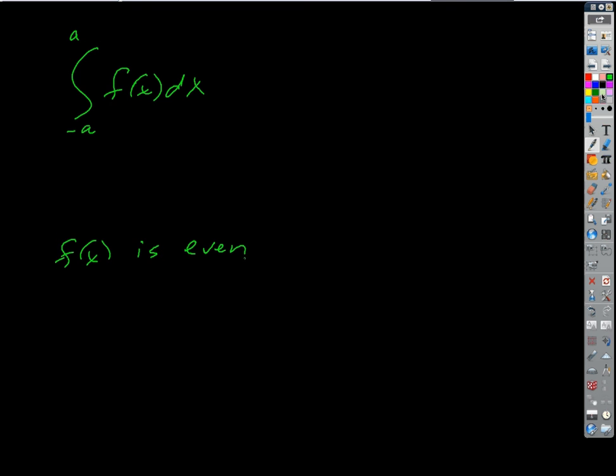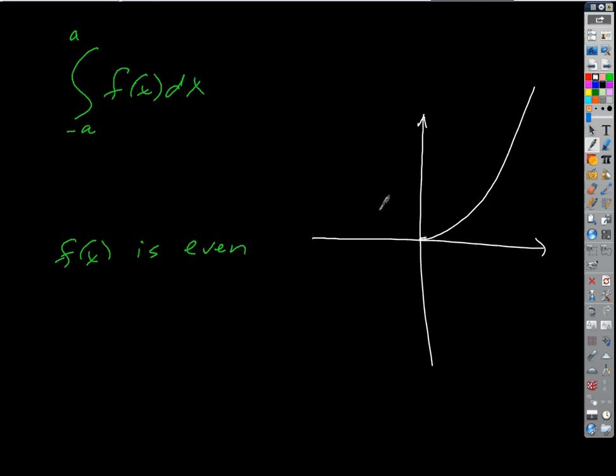Okay, now think about this. If we were to graph an easy even function like x squared, and we want to add up the area under x squared from negative a to a, wouldn't you agree that this area right there is going to be the same as, if I'd drawn it properly, that area right there?